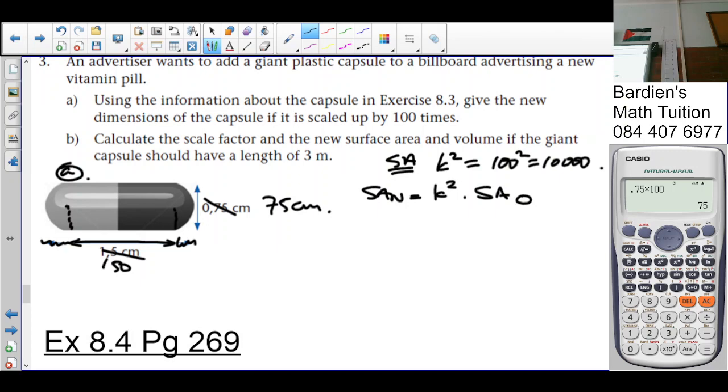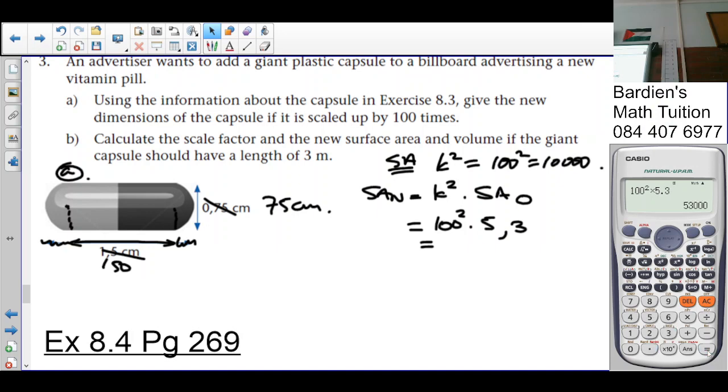What was the surface area that we calculated in 8.3? Just go back. 5.3 something. So it's times k squared, which is 100 squared. So that should give you 100 squared times 5.3.